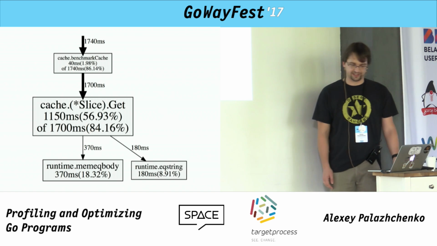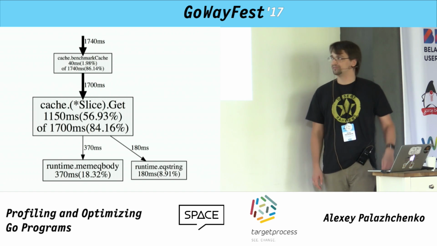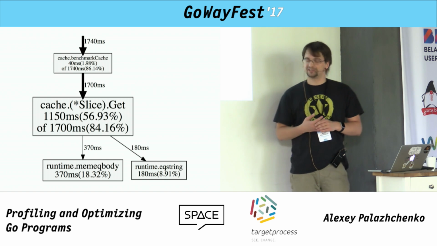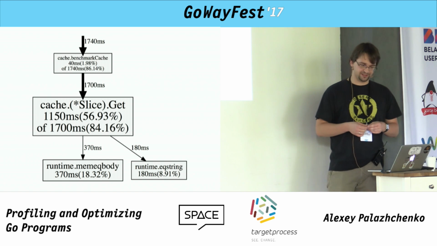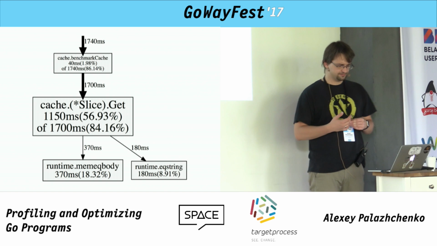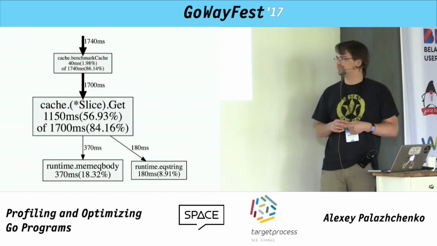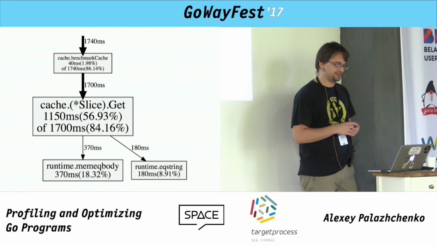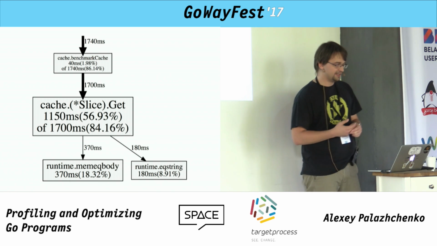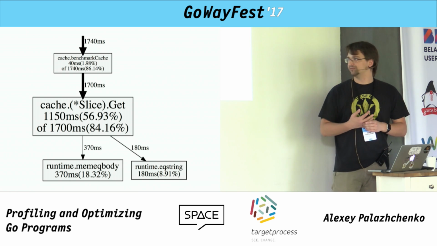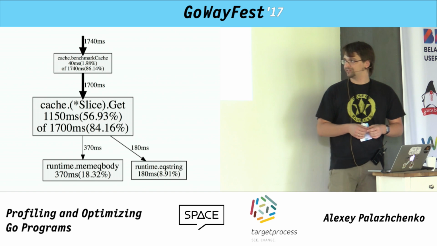So here, this is our simple slice-based cache, and you will see that it takes a lot of time in the get function, which is expected. You will see that it also calls two runtime functions. The first one compares a body of memory to see if it's equal to some other body, and the other function is basically the same but optimized for string values.